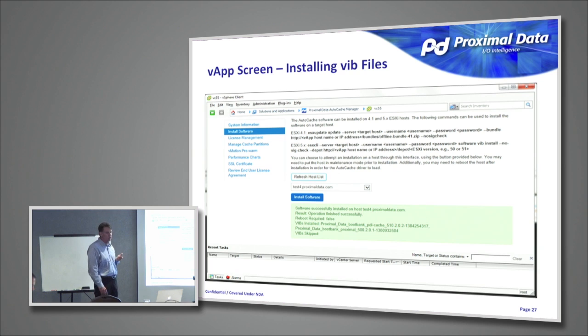We allow you to push the VIB out to your hosts via that install software button right on the screen. We also publish the command lines if you want to do it through scripting. Anything that can be done through our user interface can also be done through scripting.